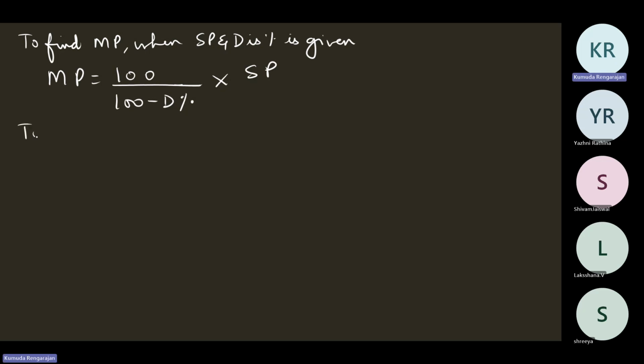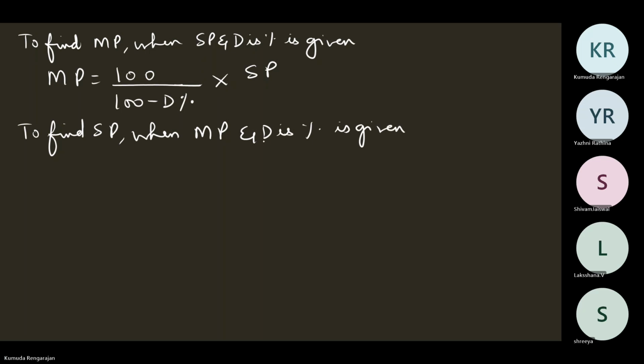Now next, to find selling price when marked price and discount percent is given. Selling price is equal to 100 minus discount percent by 100 into MP.